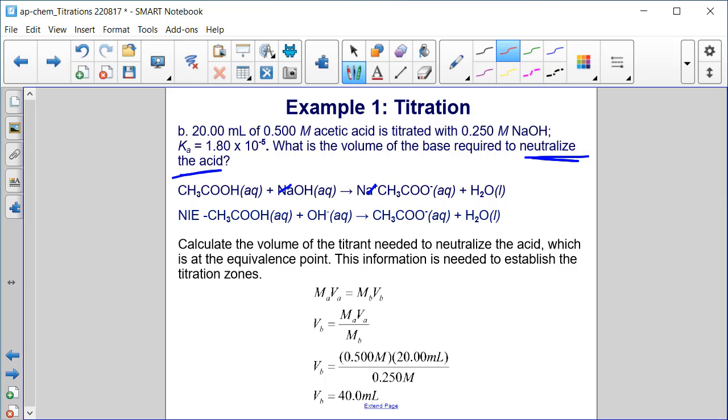So for the acid, 20 times 0.5, and then the volume of the base is what we're solving for. And the concentration of the base is 0.250 molar. So that's just a quick computation, and we get 40 milliliters. So after the addition of 40 milliliters, the base has neutralized all of the acid.